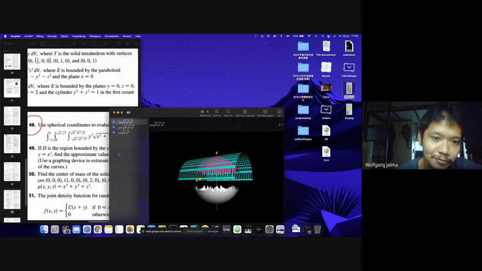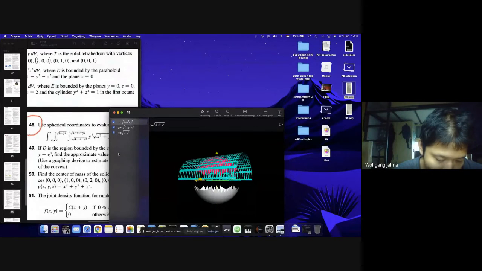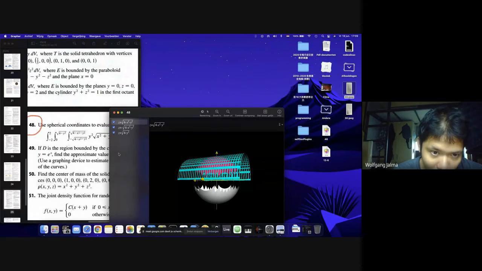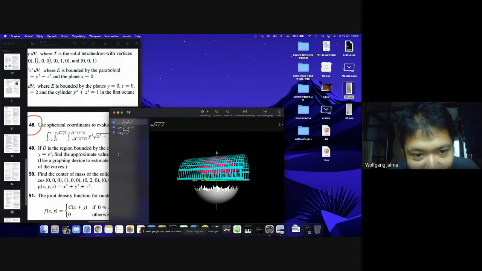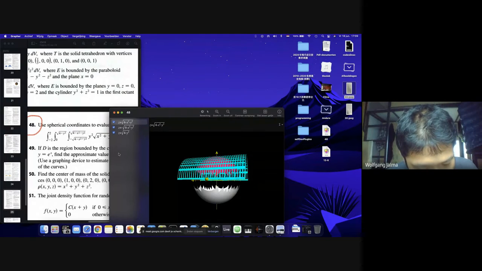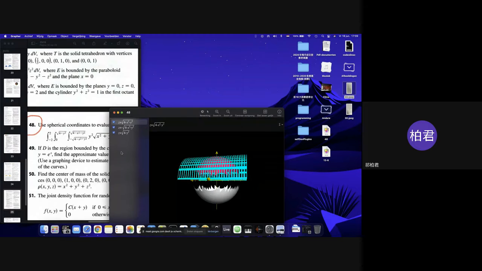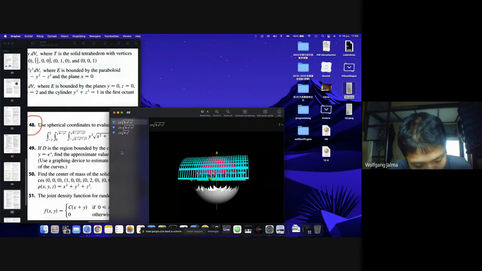So, how to say? In the picture there is a discontinuity, right? So there is no surface when z equals 0, right? Yeah, yeah. Why can this happen?